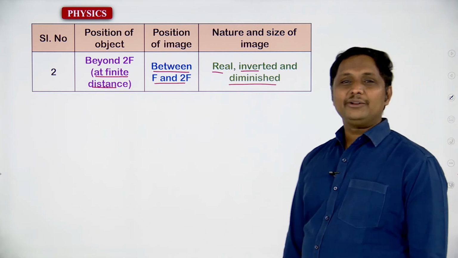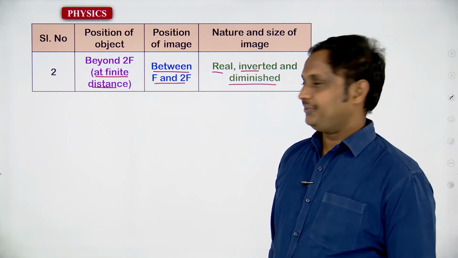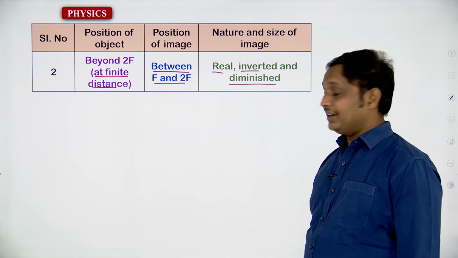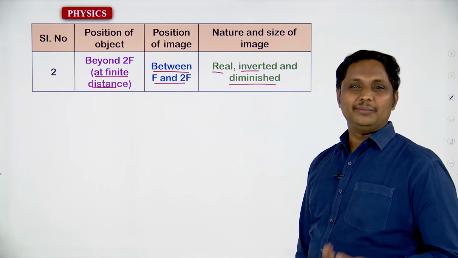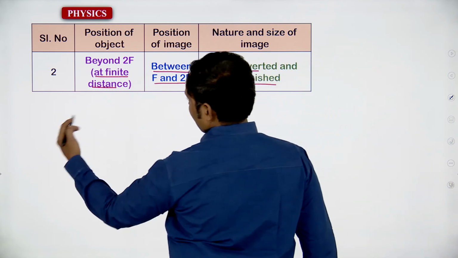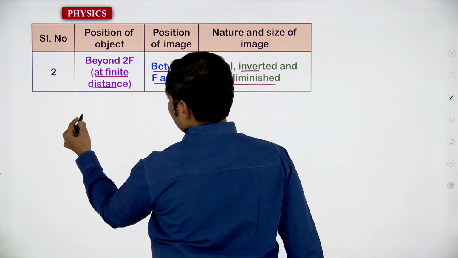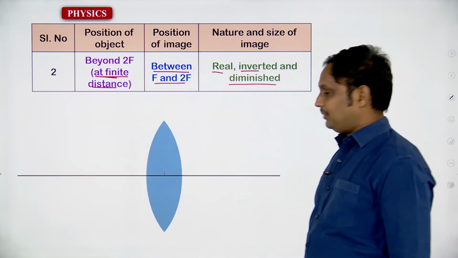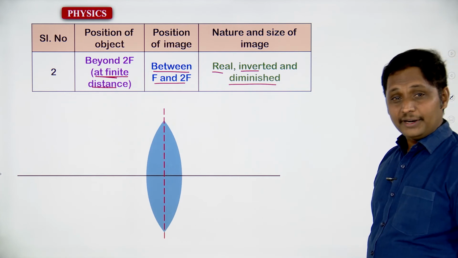Here we would like to talk about the position of the image. Yes, that's obviously real, inverted, and small, diminished. I am going to move the object from infinity to 2f at a finite distance. This is going to be the principal axis.